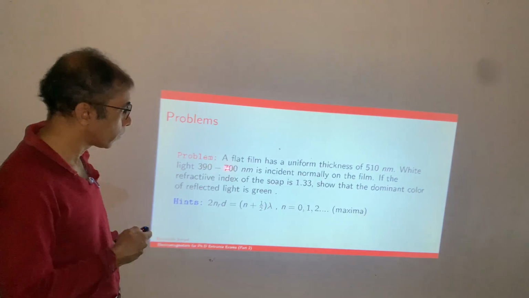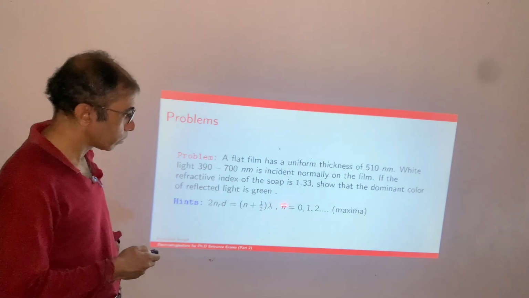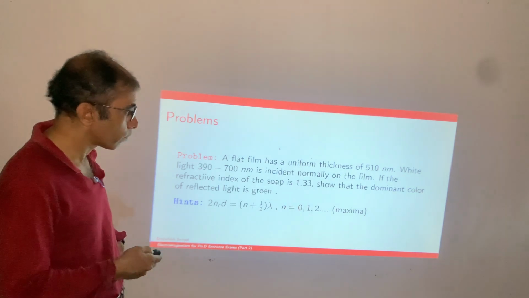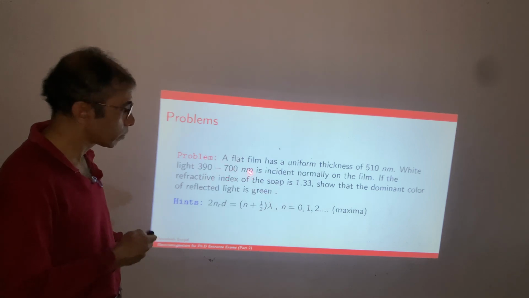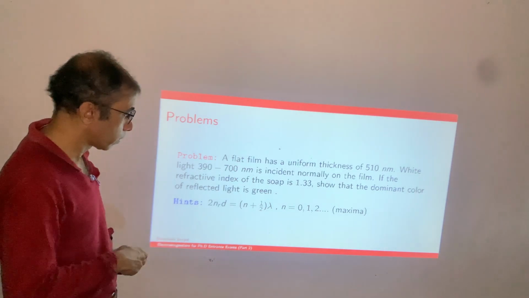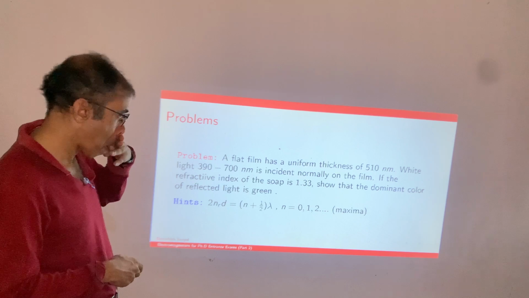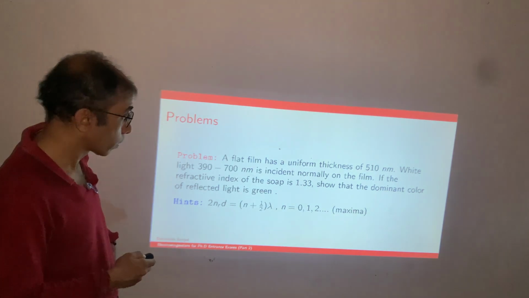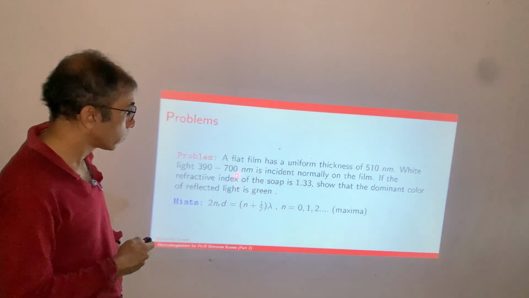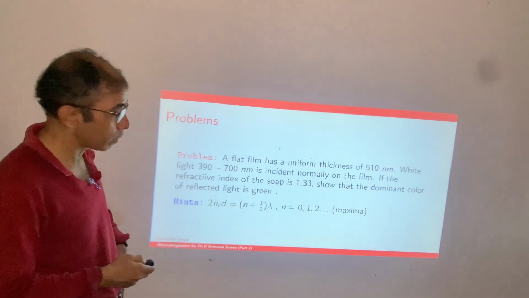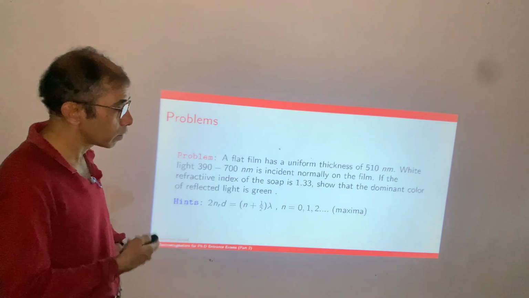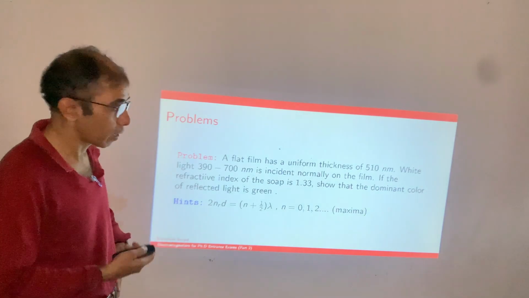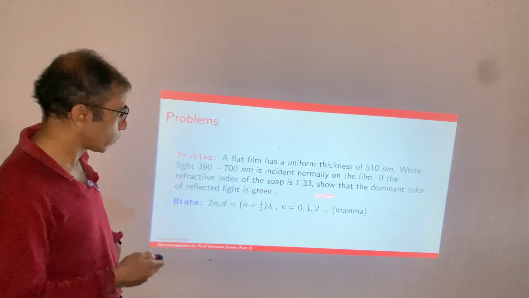So we have to be in the visible region. So you change n and see for which value of n you get lambda in the visible region. From there you have to choose the lambda which is in the visible region, and what is the corresponding color of that lambda, and it should be green.